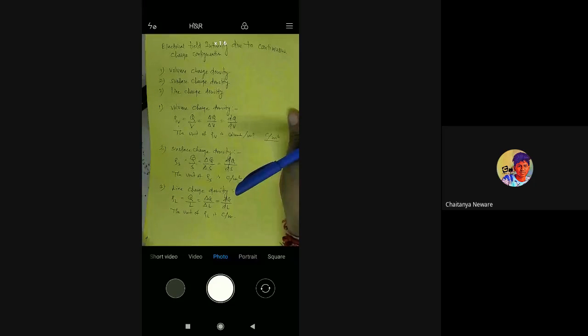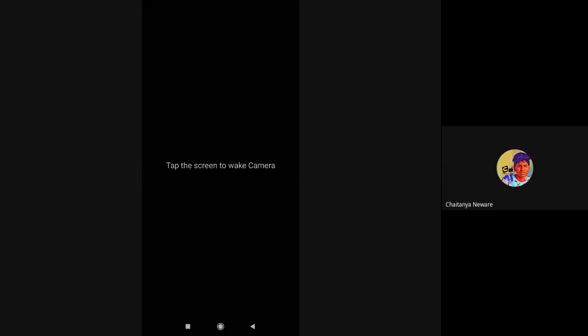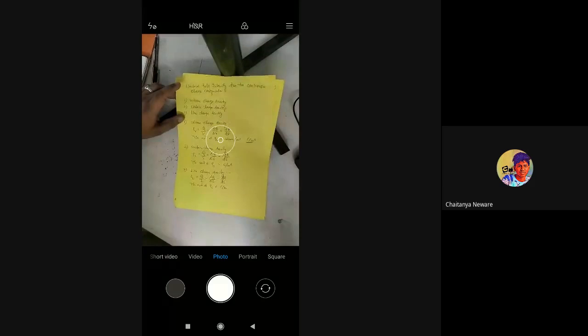Okay. So this is your electric intensity due to continuous charge configuration.